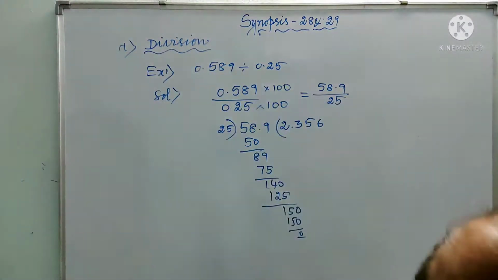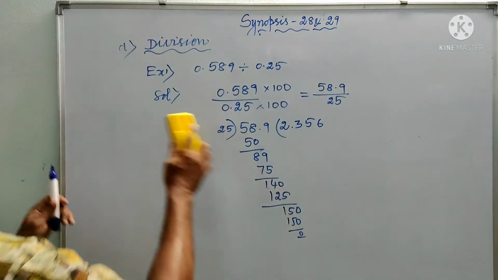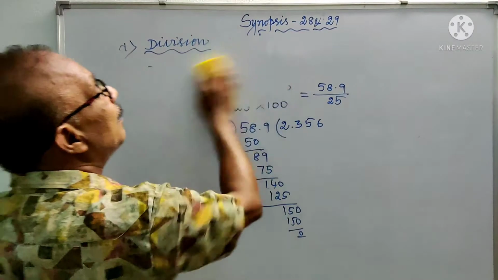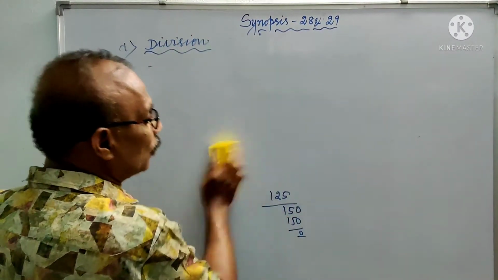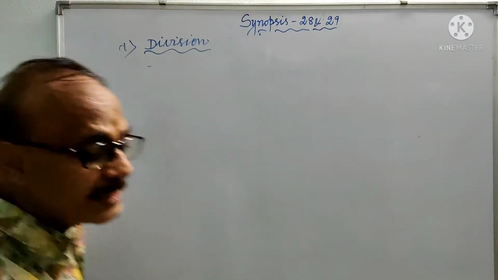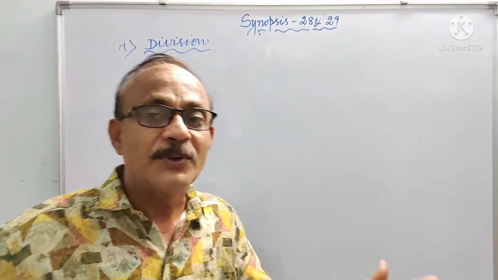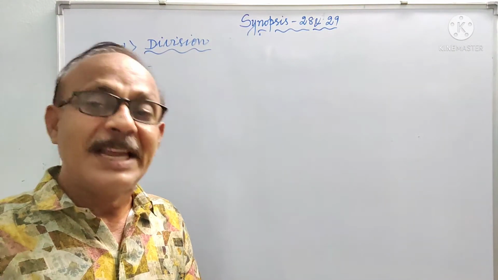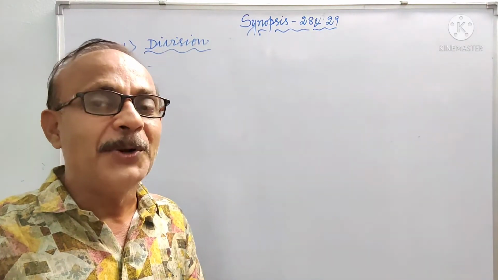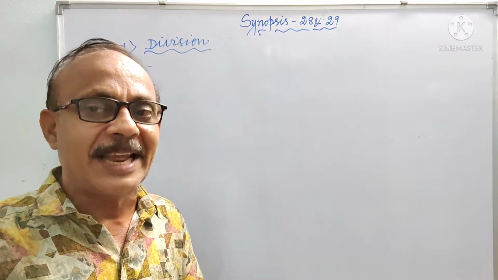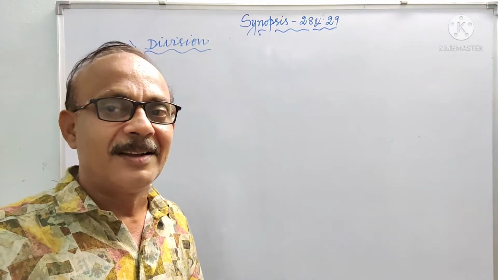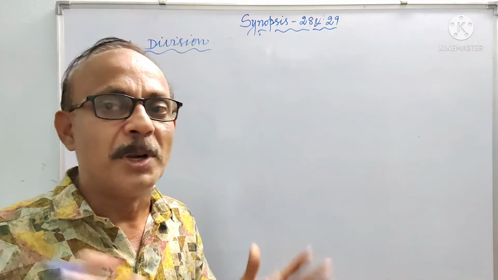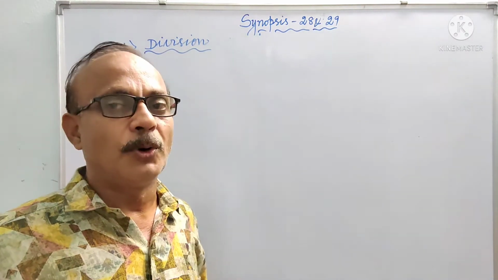Now, one more. Again, division of decimals by numbers like 10, 100, 1000, etc. is easy, as we saw in the case of multiplication. If you happen to divide a decimal by numbers like 10, 100, 1000, etc., that division is very simple. So let us see how to do it.